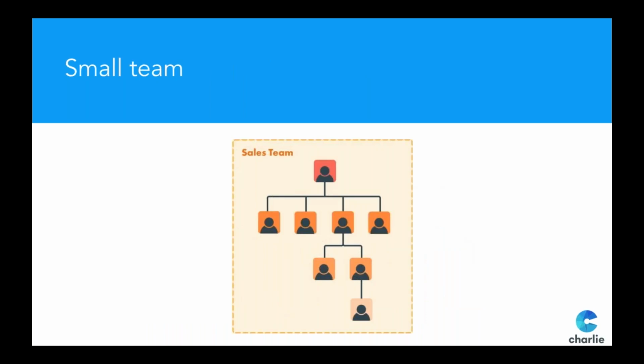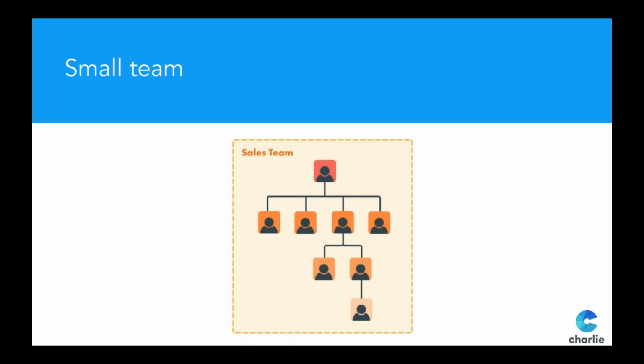You might have more of a simple small team structure. In this case, what you would do is create line managers again for each employee. So you can see here that one person is line managing 4 employees, then one of those employees actually line manages another 2 people, and then one of those line managers an additional person.